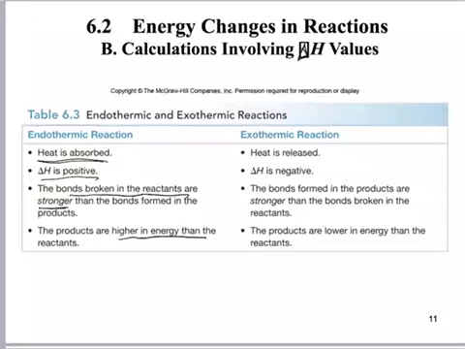In an exothermic reaction, heat is released. Delta H is a negative value, and the bonds formed in the products are stronger than the reactants. Therefore, the products are lower in energy than the reactants. Okay? And remember, endothermic reactions tend to feel cool. Exothermic reactions tend to feel hot.